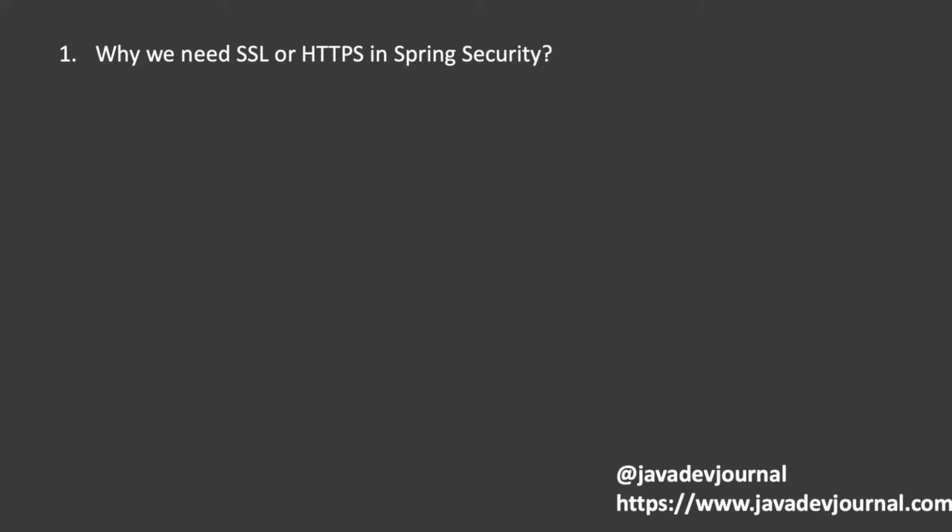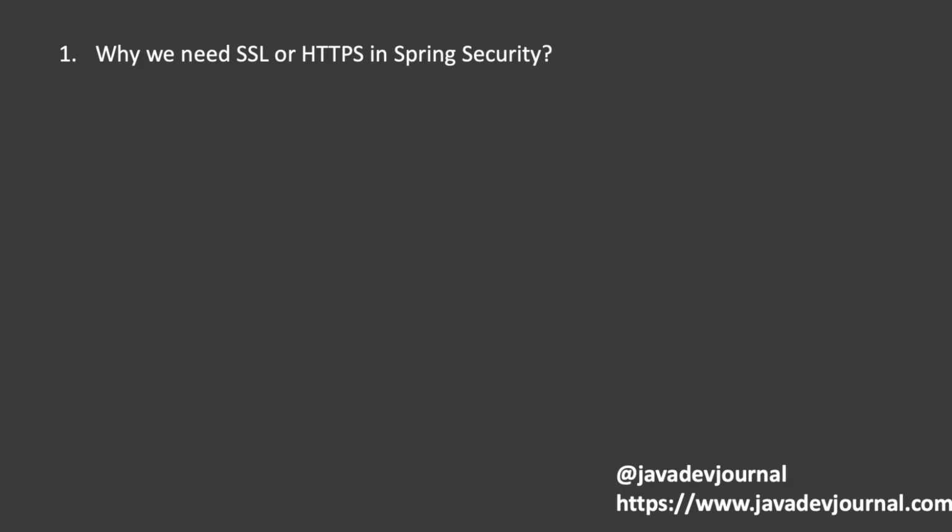So there are two communications, right? One is HTTP, which we have already seen in this course before this tutorial, and then there is HTTPS. Think about a web application where you have a login screen, or you may be filling in your personal details.